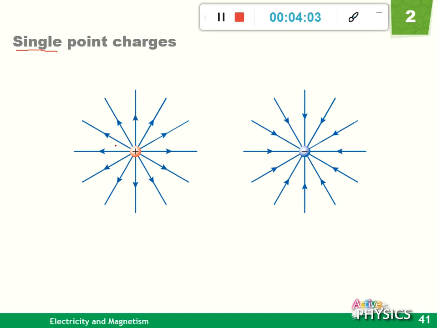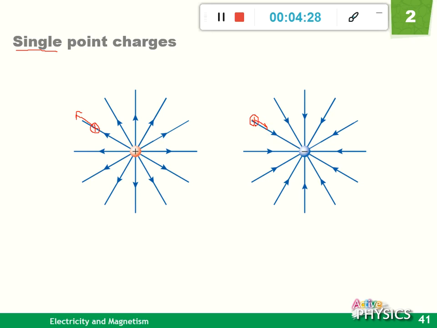For a positive one, the field lines should point outward. But why? Because if you put a test charge, this test charge must be positive. Then it will have a repulsive force to move away from the center of the positive charge. On the other hand, if this one is a positive test charge and this one is negative, it will have an attractive force.